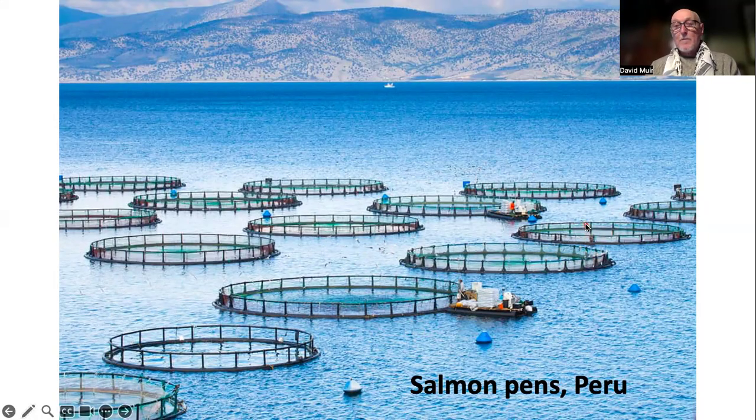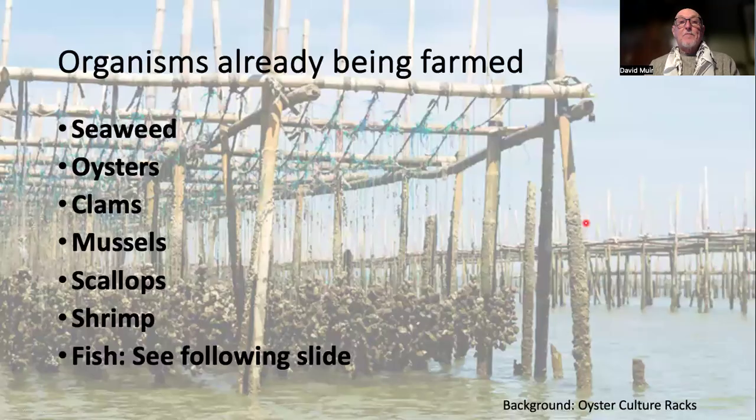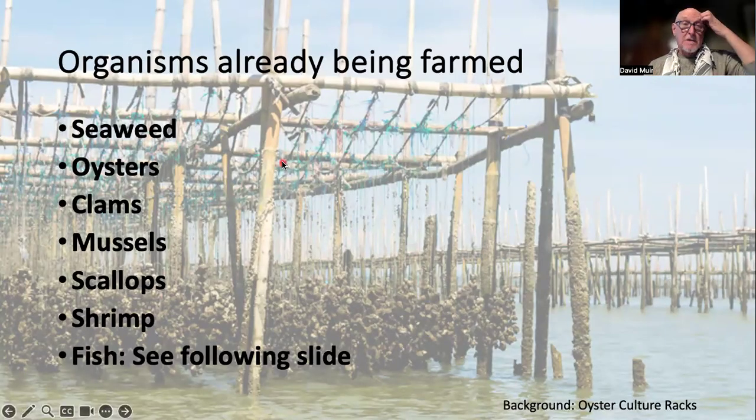And this is used for many different fish, but salmon is probably one of the most commonly cultivated in these ocean pens. Now, I told you, this cultures many, many different organisms. Seaweed, oysters, clams, mussels, scallops, shrimp, all sorts of different organisms.